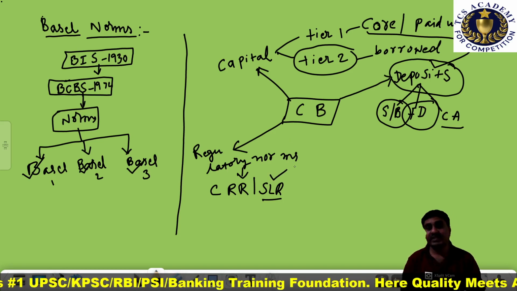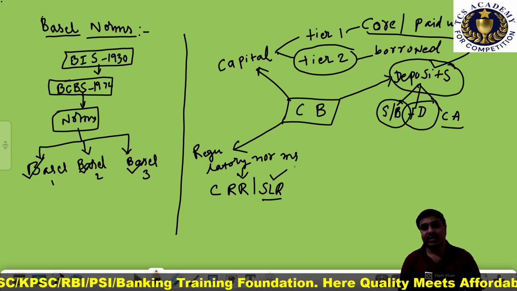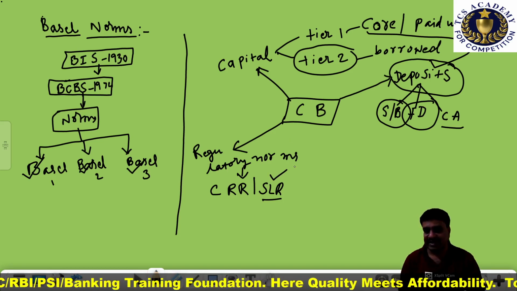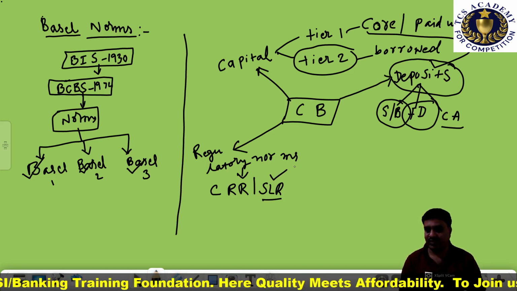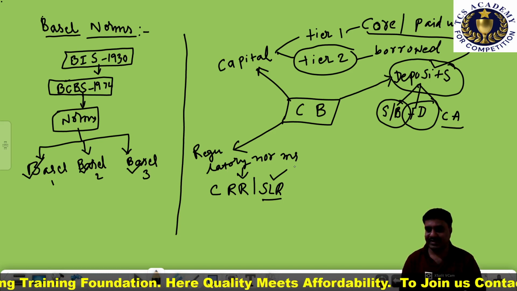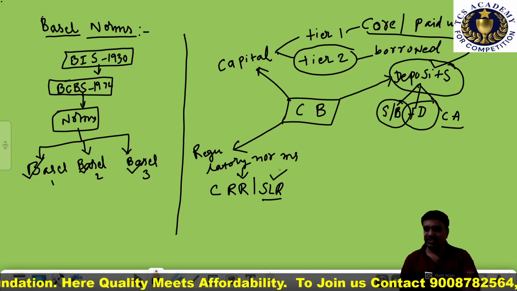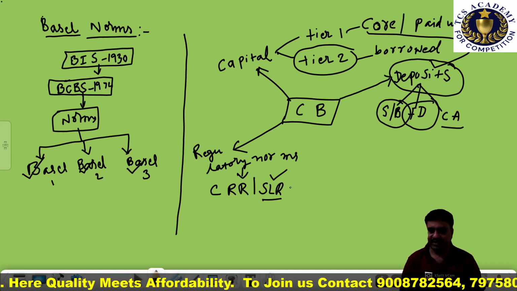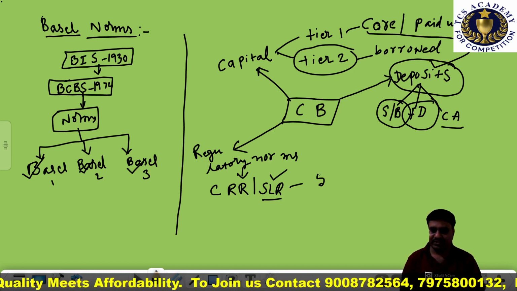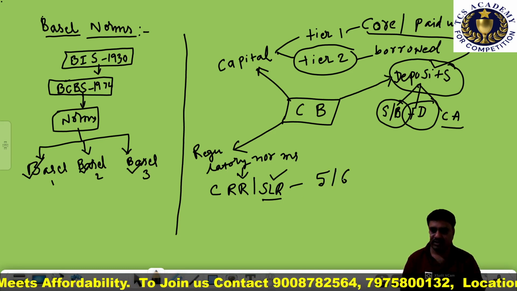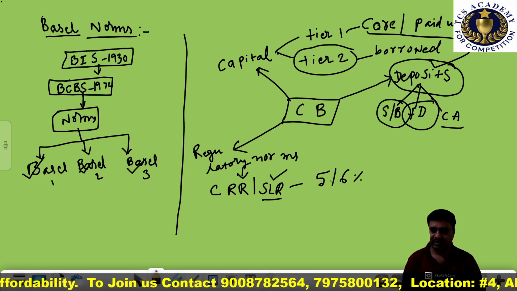What percentage of cash each commercial bank has to maintain in the form of liquid cash is decided by the RBI. It may be 5 percent or 6 percent, like that.